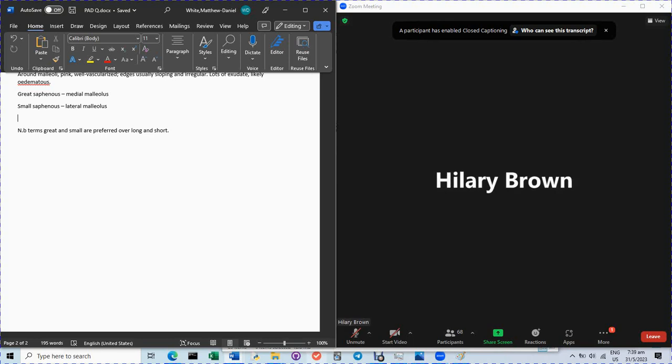So usually what is happening when we say incompetence is that the vein is supposed to be taking the blood from the feet back up the leg to merge with the deep system, and then to return blood via the iliac vessels to the inferior vena cava to the heart.